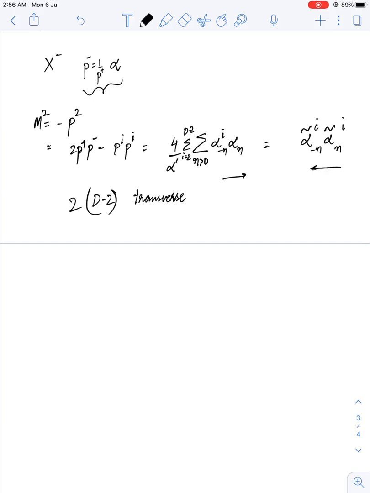But when you are writing it as an operator, you get rid of the normal ordering problem, which is done using zeta regularization, and they use this notation.